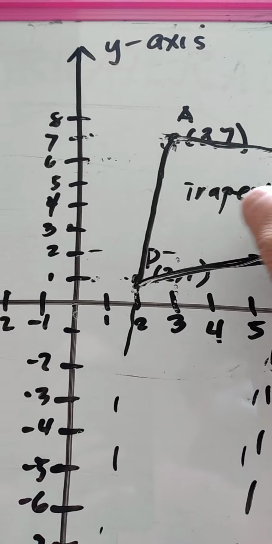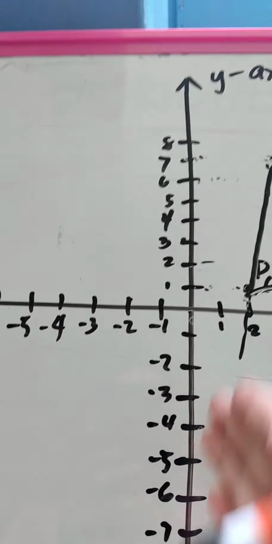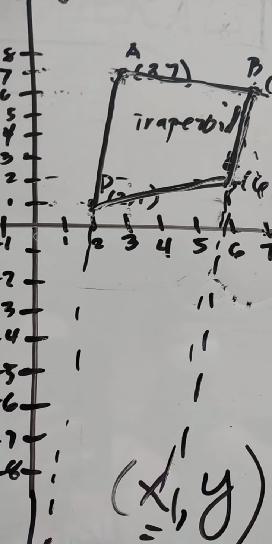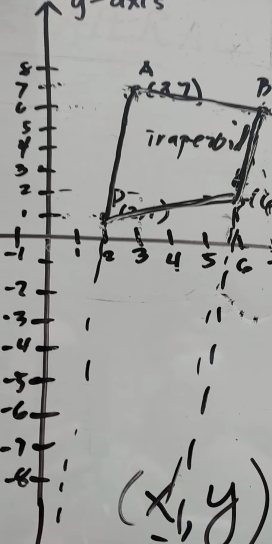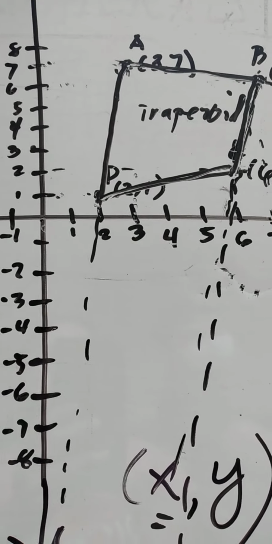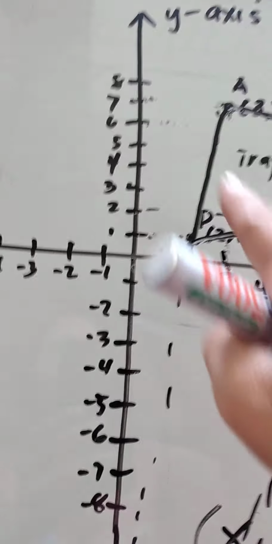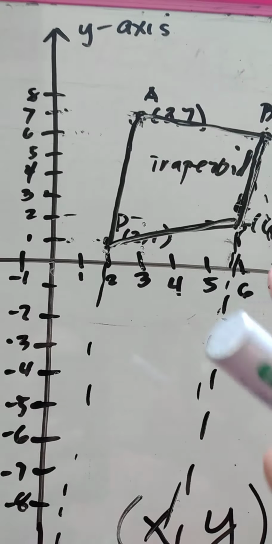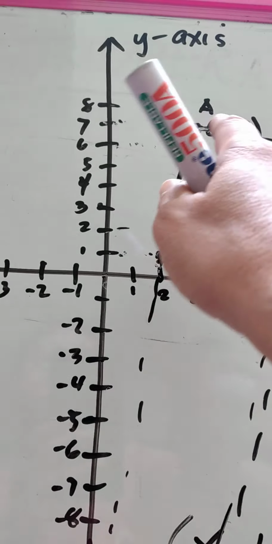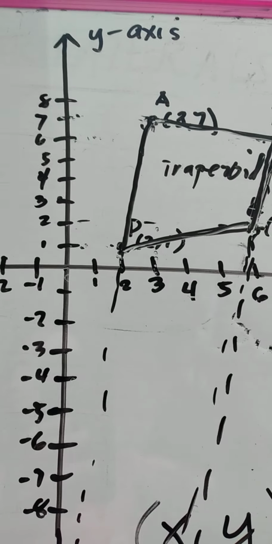You can use your ruler to check if the lines indeed are parallel. Okay? Because what I'm using is just an illustration board, or a whiteboard, and I don't have a ruler, so everything is not accurate. Use a graphing paper and then a ruler to plot your points and to connect the dots.